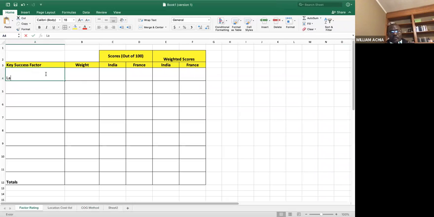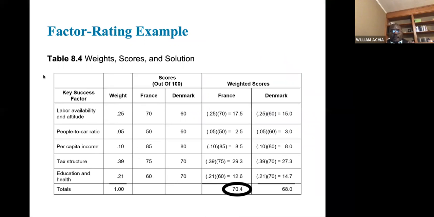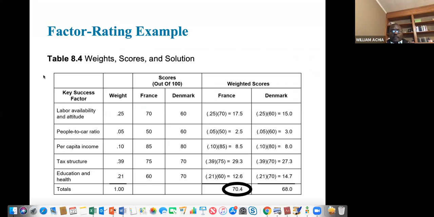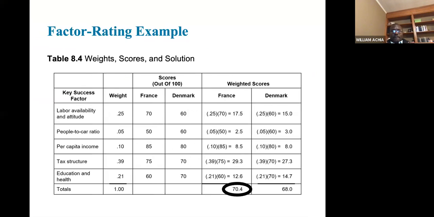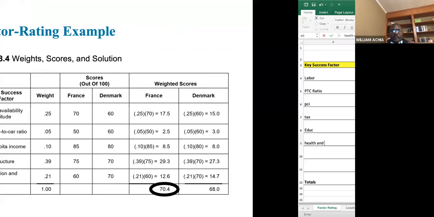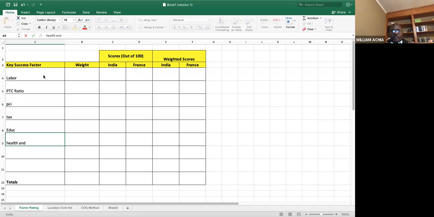Okay, so they had labor. Let's see, your labor. They had people to car ratio. They had per capita income, and then tax structure, and then education and health. I missed one.